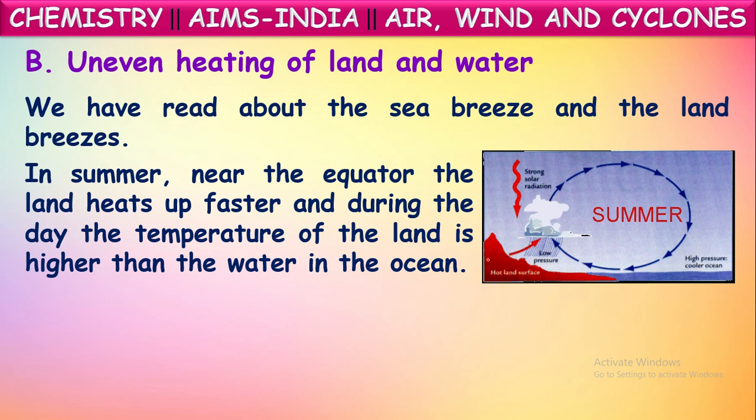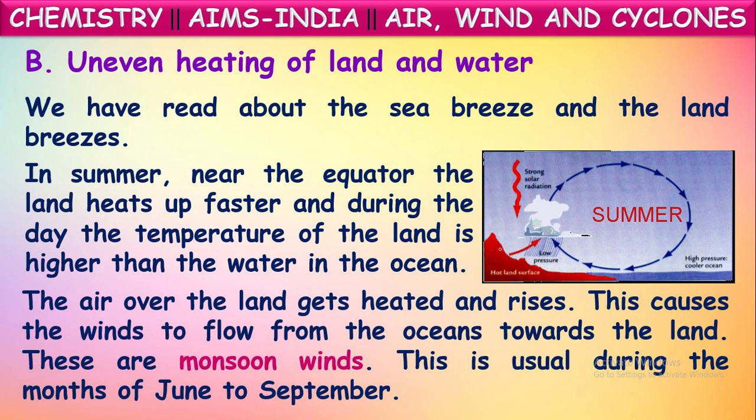So in the summer season, in the daytime, it becomes hotter. The air over the land gets heated and rises up. This causes the winds to flow from the oceans towards the land. In this way, cool air comes to the land. These are called monsoon winds.